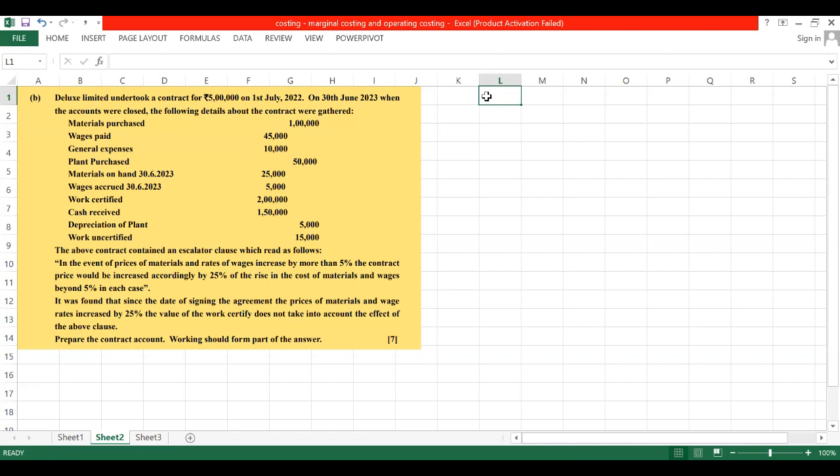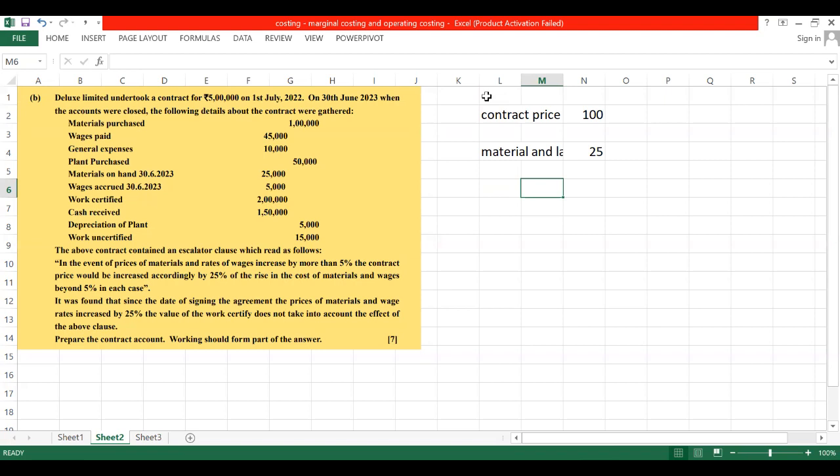An escalation clause states that, assuming the contract price of 100 rupees is fixed based on a material and labor cost as on today of 25 rupees, the clause will contain a condition that if my material cost goes beyond 5% of the cost as on today, then whatever increase is there beyond that 5%, you will have to revise my contract price accordingly.